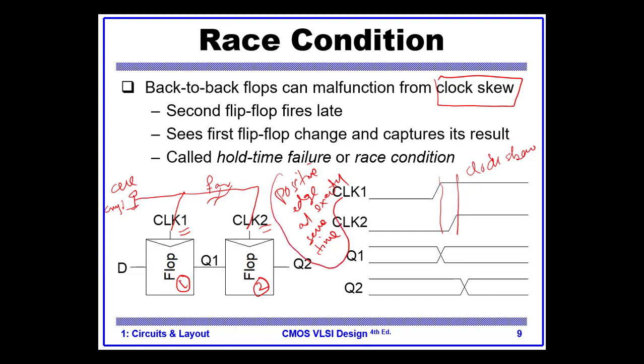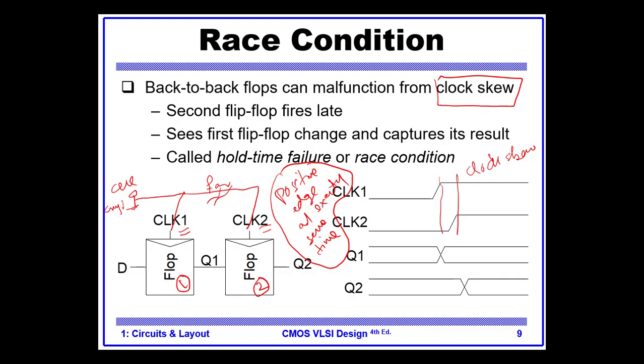But due to the clock skew, which is the delay due to the physical distance between two flip-flops, the two flip-flops do not get the clock at the same time, and resultantly they do not trigger at exactly the same positive edge.